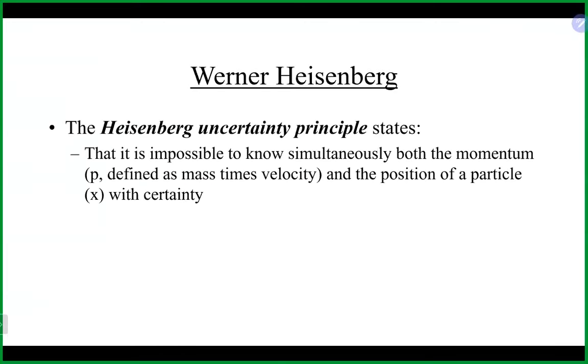Another really important move away from Bohr's model of the atom was one done by Heisenberg. He came up with the Heisenberg uncertainty principle, which basically states that it's impossible to know simultaneously how a particle, like an electron, is moving and where it is at any given time.